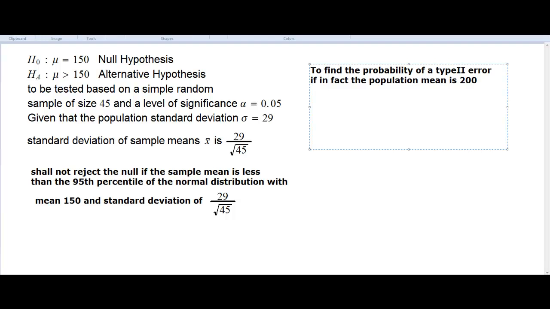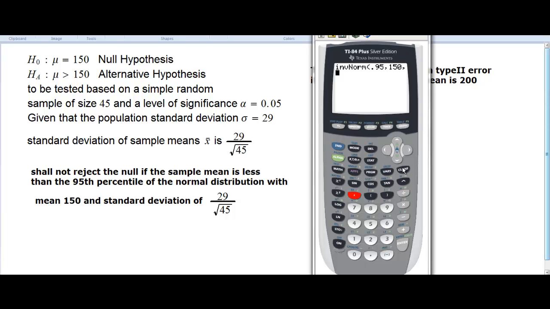So now after having gone through all that, we can do it in a much quicker fashion. That is, first we compute the percentile, using the inverse norm for the 95th percentile of a normal distribution with the mean of 150 units and standard deviation of 29 over the square root of 45.